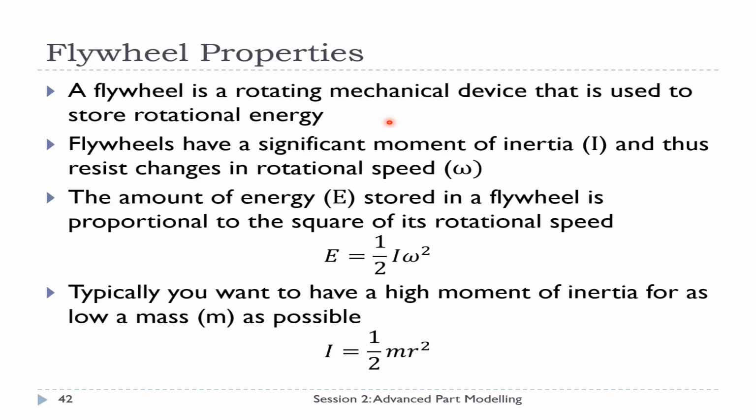Flywheels have a significant moment of inertia, and those resist changes in rotational speed. So flywheels typically have quite a high moment of inertia, and we said earlier that we can get the moment of inertia of our geometry from SolidWorks if we have a material applied.